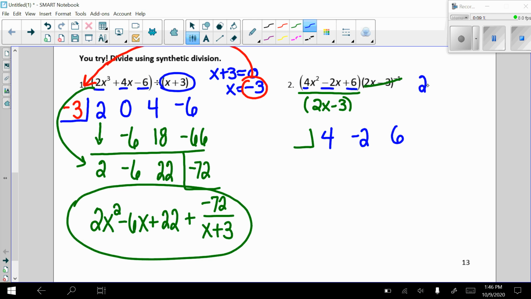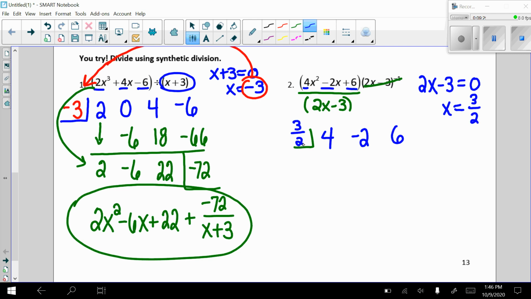Now we take our 2x minus 3 and we set it equal to 0. Add 3, divide by 2. It tells us that we will have 3 over 2 in our pocket.